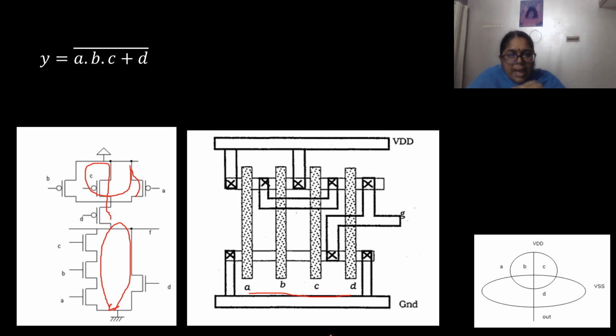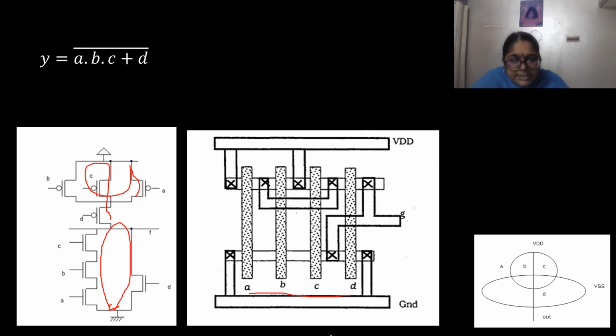Now, as I have told you, once you see the path, if you get a common path in such a way that when you draw the path, it traverses through the NMOS transistors, similarly PMOS transistors in the same order without traversing through a transistor more than once, then that same order can be given to the polysilicon layers.